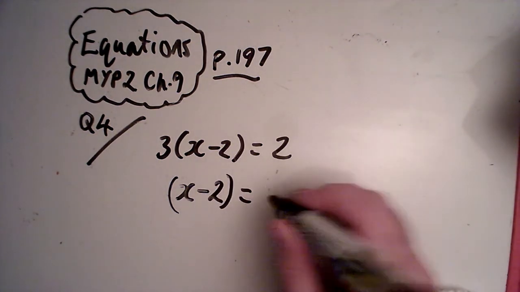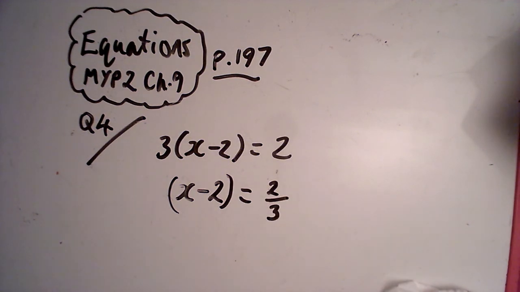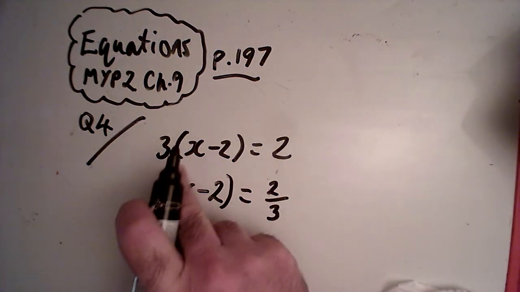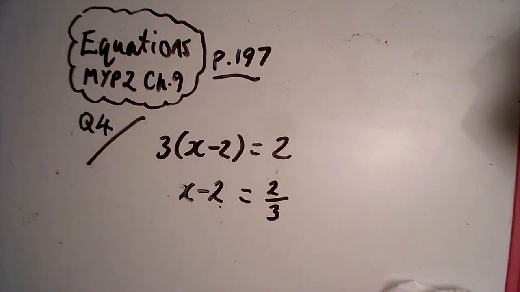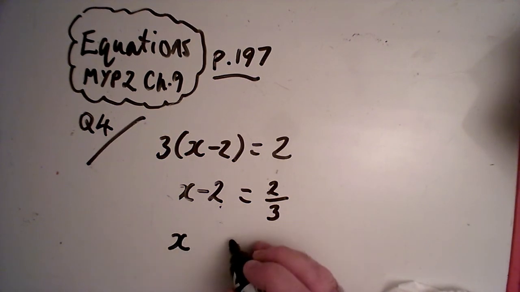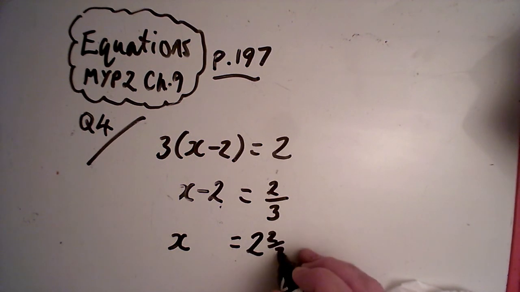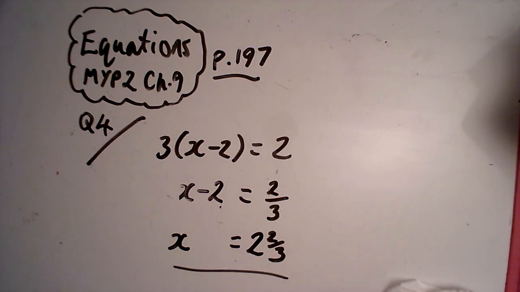Dividing by 3 on the right gives you 2/3. Don't need the bracket anymore. So x - 2 = 2/3. Add 2 to get the x on its own and get rid of the minus 2, but then you've got to add 2 the other side as well. So x becomes 2 and 2/3. Final answer.